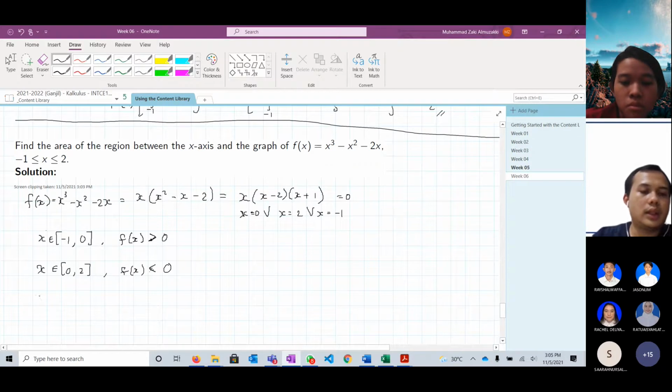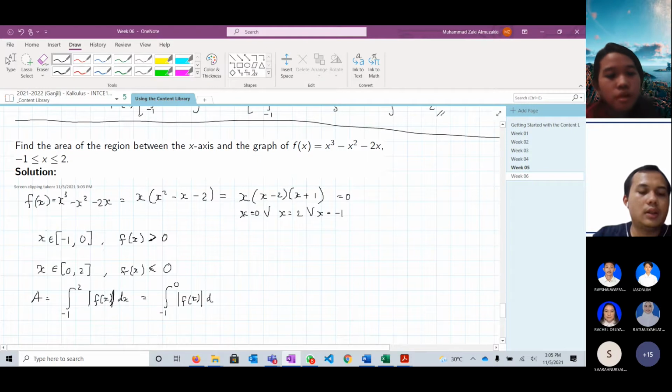So if we want to find the area, then we need to integrate from -1 to 2 of the absolute value of f of x dx, which in this case is the integral from -1 to 0 of the absolute value of f of x dx plus the integral from 0 to 2 of the absolute value of f of x dx.